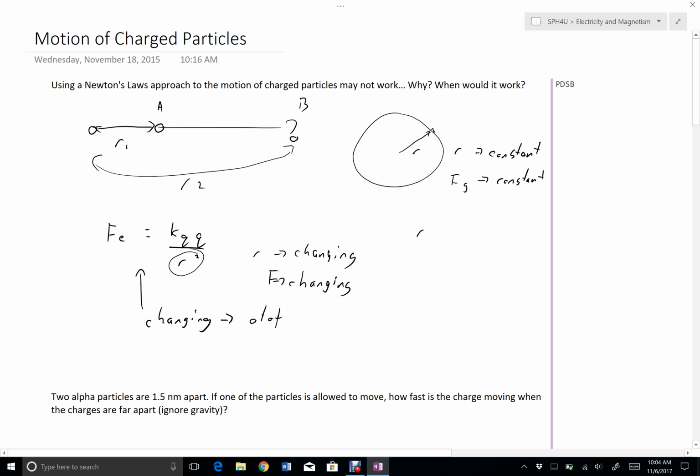And for our 5 equations of motion, we assumed constant acceleration. So if we have a changing force, we do not have constant acceleration.